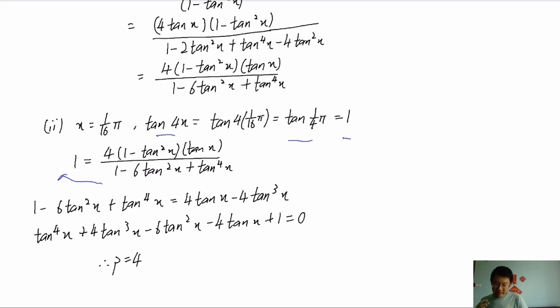With that we can get exactly the same equation that is given in the question. Alright, so from there we just have to compare the value of p with the question. In that case, p is 4. So this is to relate the value for x with the equation that comes from the identity that we have proven. Alright, so that would be the solution for this question.